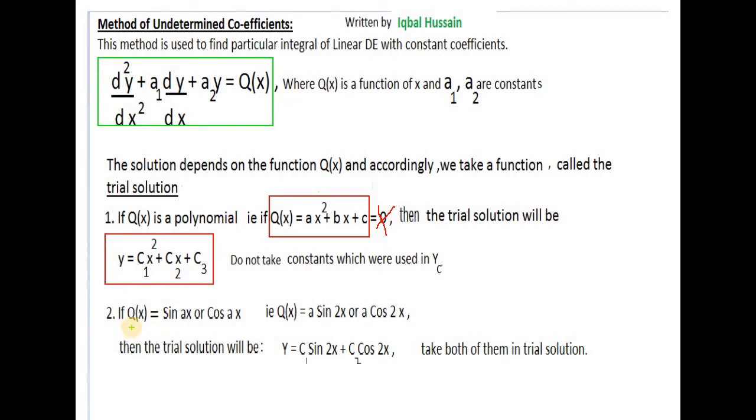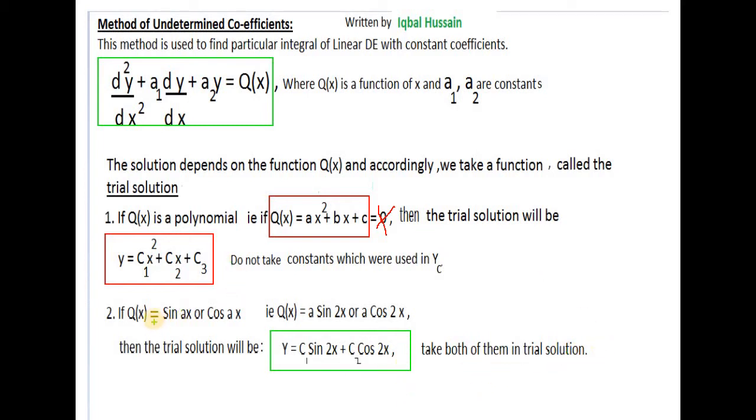If function q has a sine function or cos function, that is, if q of x is equal to a sine of 2x or a cos of 2x, or if function q is the sum of these two functions, then the trial solution will be y is equal to c1 sine 2x plus c2 cos 2x. Take both of them in the trial solution.